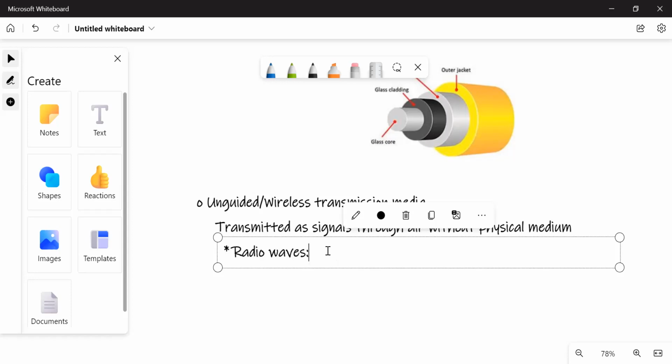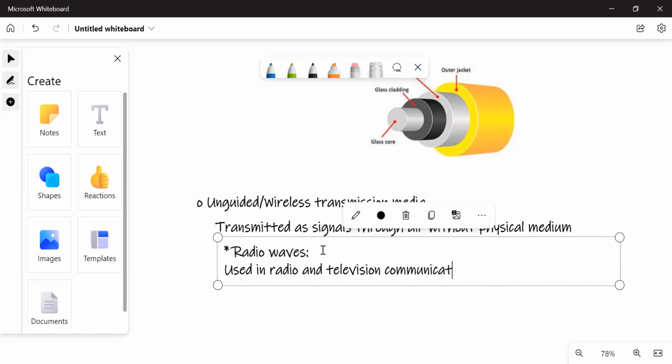Under radio waves, we can say this is used in radio and television communication. Examples: Wi-Fi, Bluetooth.